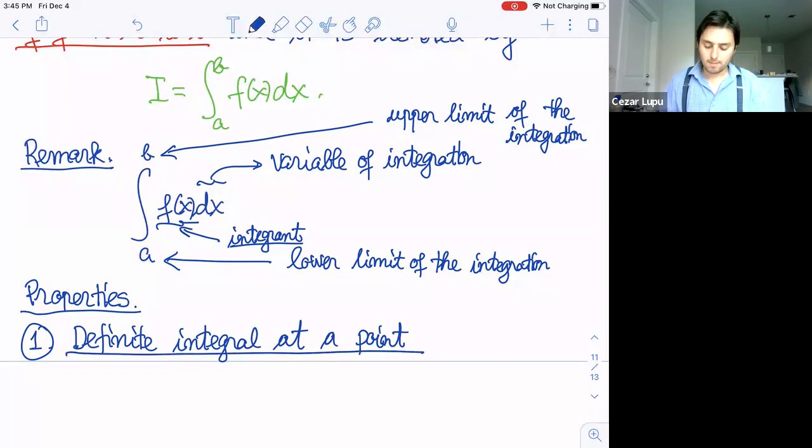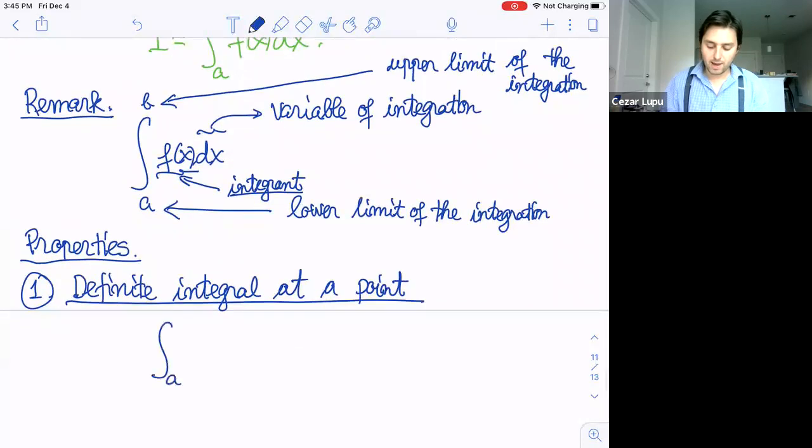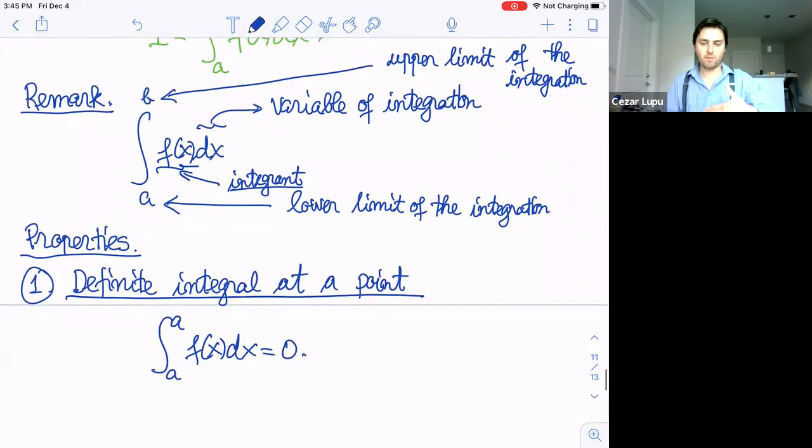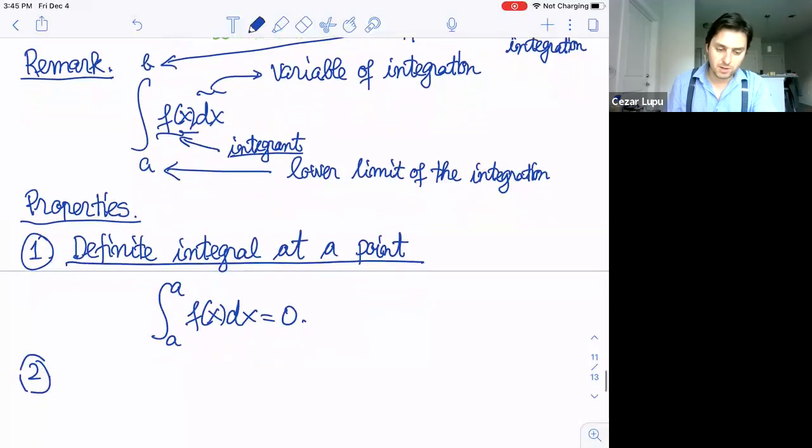The integral from A to A is, as you can imagine, 0. If we integrate from A to A, there's no area under the graph, we just stick to one point, so it's 0. The second property is interchanging the limits of the integral.